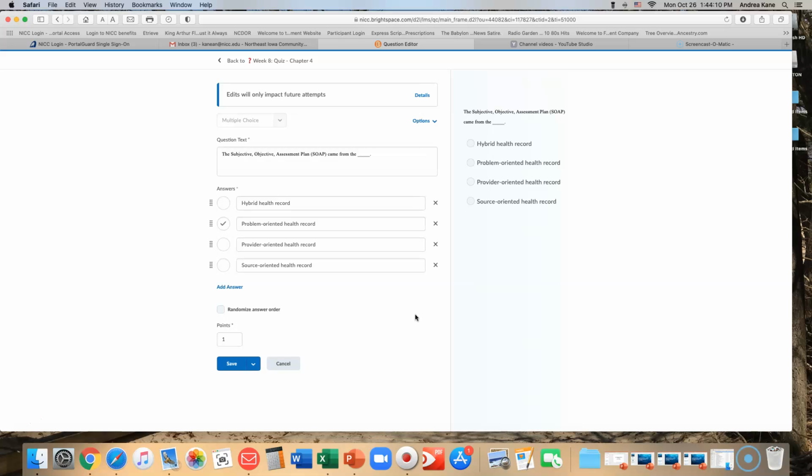And that term has been around for a long time, and it typically discusses the type of documentation that is being done. It's sort of the layout or the format of how typically a physician might use to document.